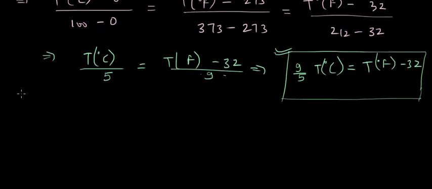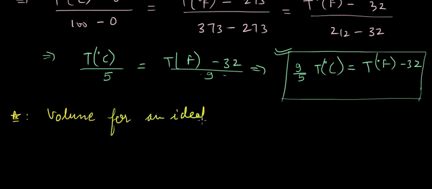Next, let's talk about volume for an ideal gas. Volume for an ideal gas is simply the volume of the vessel in which it is kept.